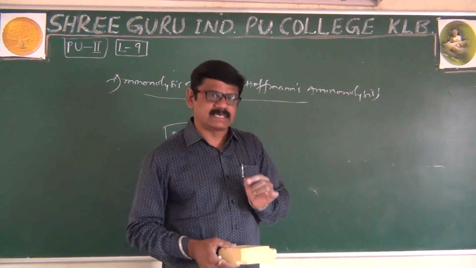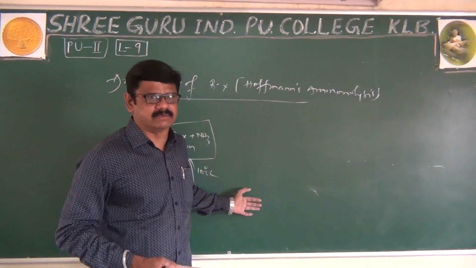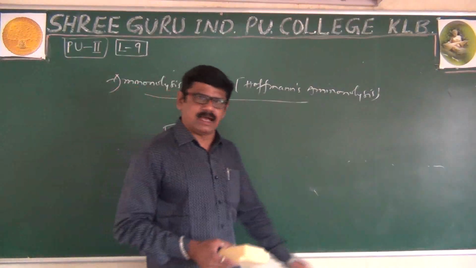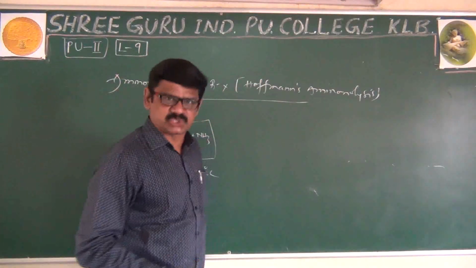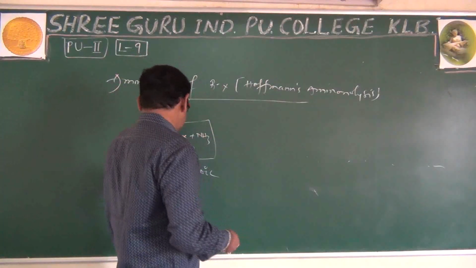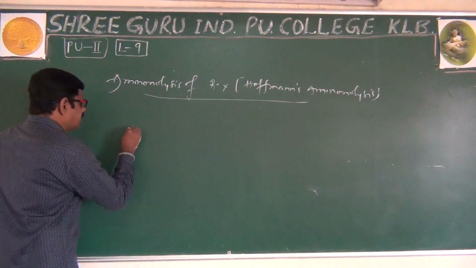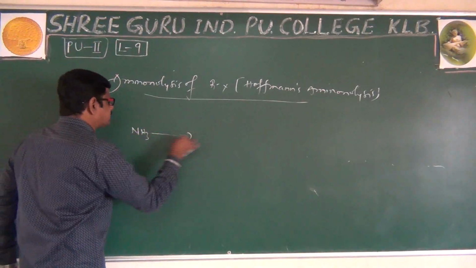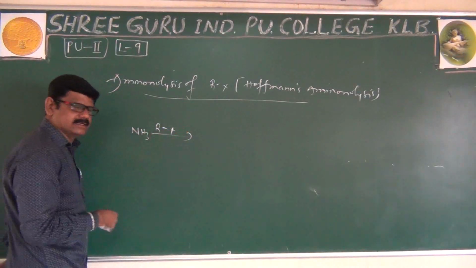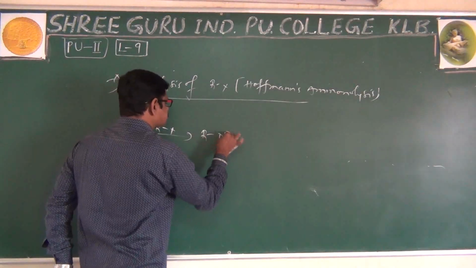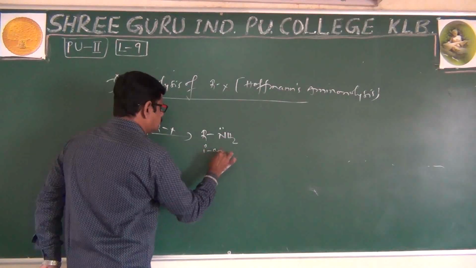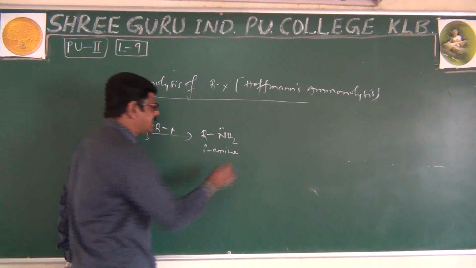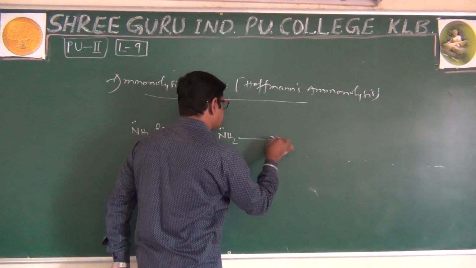Then they have given all reactions individually. You can write individually, or the entire reaction we can show in one step like this. When ammonia reacts in the first step with alkyl halide, we get primary amine. This primary amine reacts with another alkyl halide.